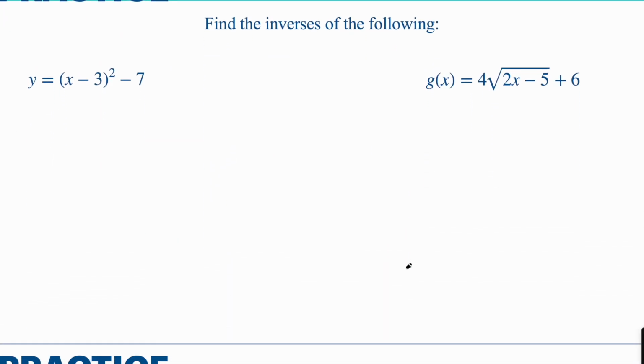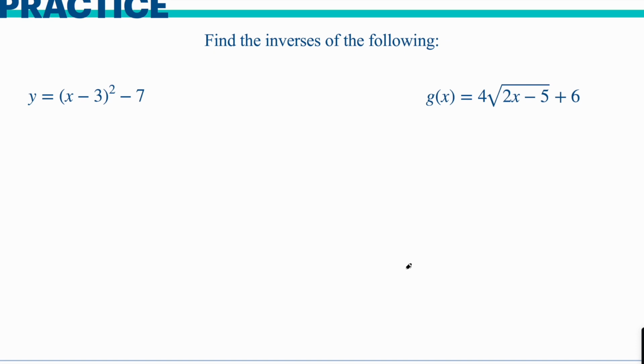So let's try to find the inverses of the following functions. First thing we're going to do is swap the variables. Always do that first. Make sure that you swap. And now from here, you're going to solve for y. So to solve for y, I can't get rid of the square yet because I have to get rid of the 7. So this becomes x plus 7. Now from here, I have to get rid of the square.